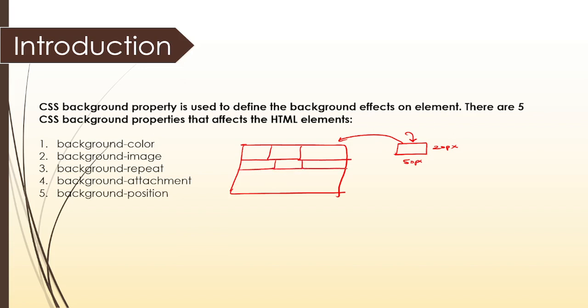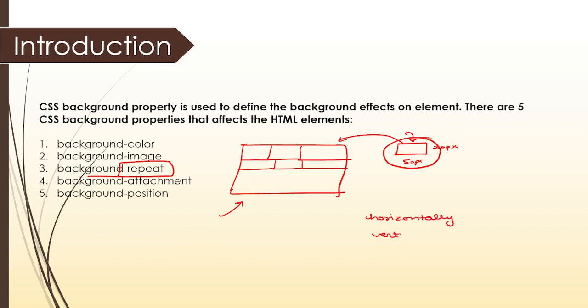So students, this is because the size of the image is very small and the size of the web page is large. That's why the background image repeats. By default in CSS, the background image property repeats the background every time, horizontally as well as vertically.